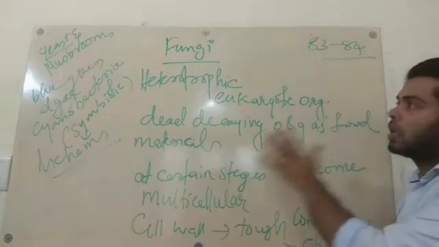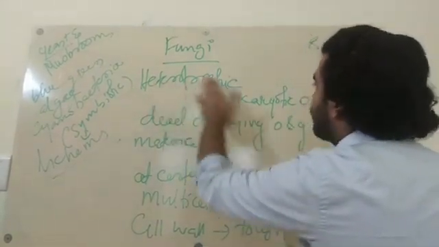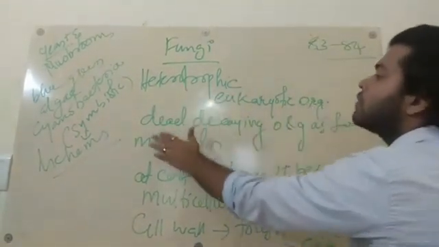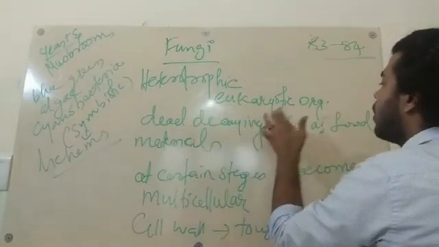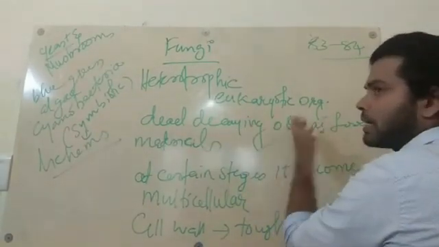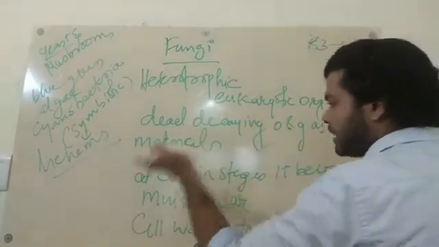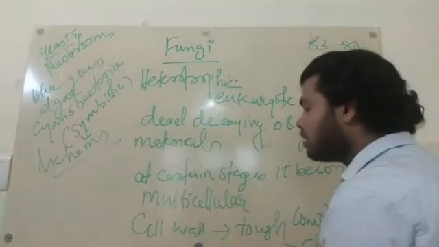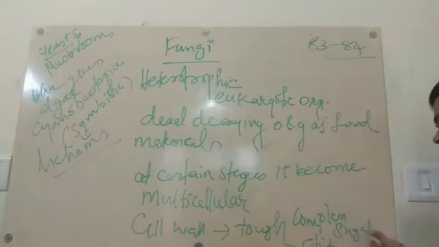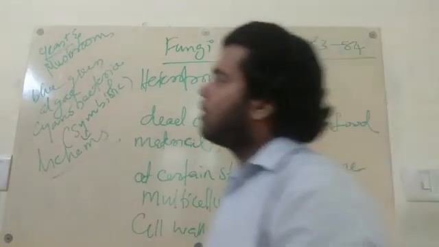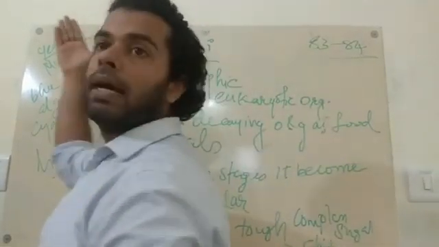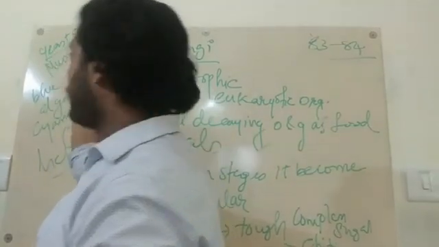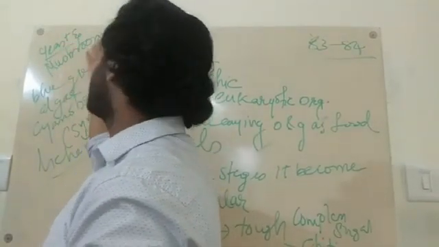Okay, so fungi are heterotrophic eukaryotic organisms which feed on dead or decaying organisms as food material. At certain stages they become multicellular. Their cell wall is made up of a tough complex sugar, that is chitin. Examples of fungi are yeast and mushroom.